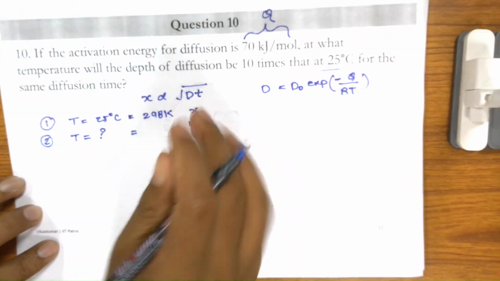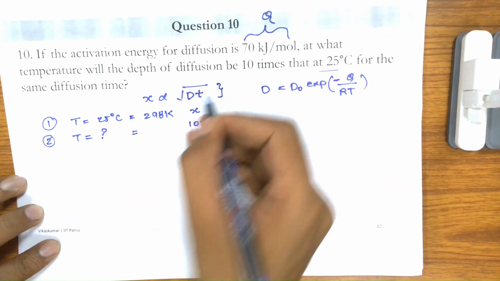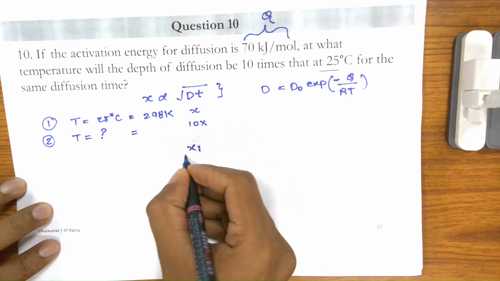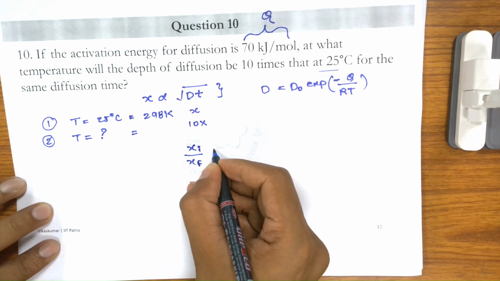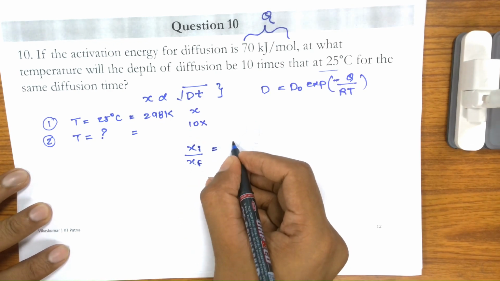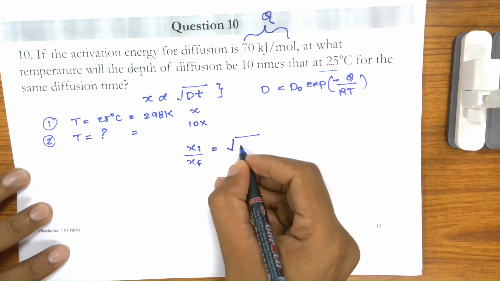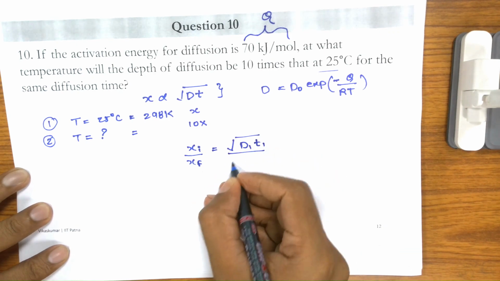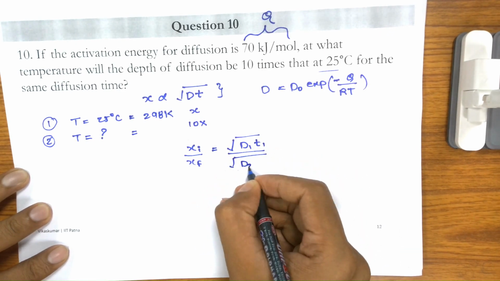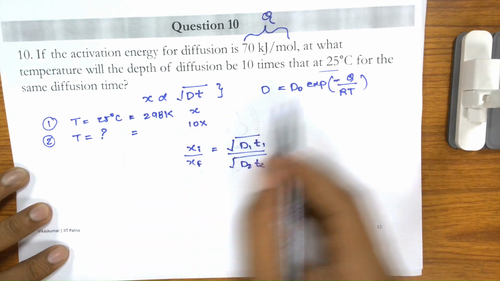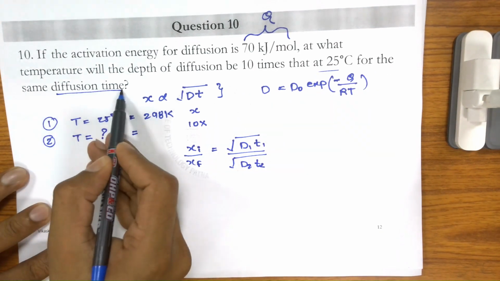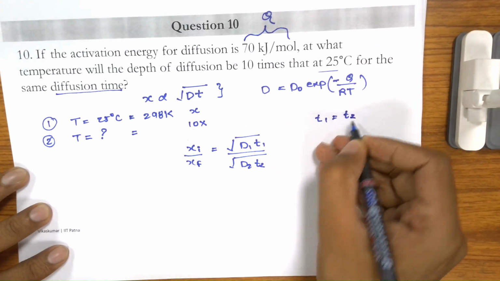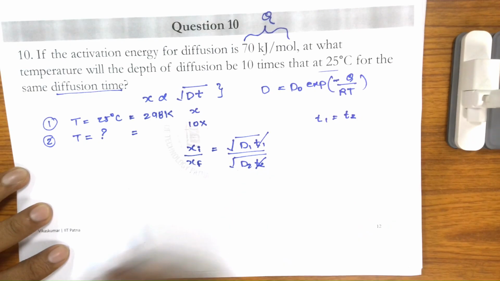For both the cases we can apply this particular formula: x initial divided by x final is equal to root over D1 t1 divided by root over D2 t2, for the same diffusion time. So t1 is equal to t2, they are going to be cancelled out.